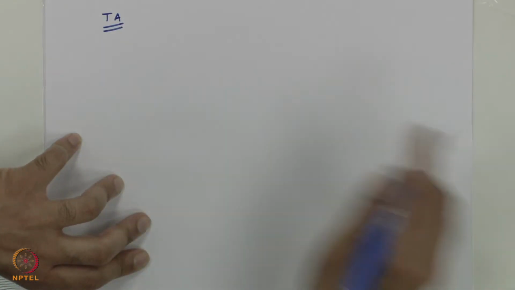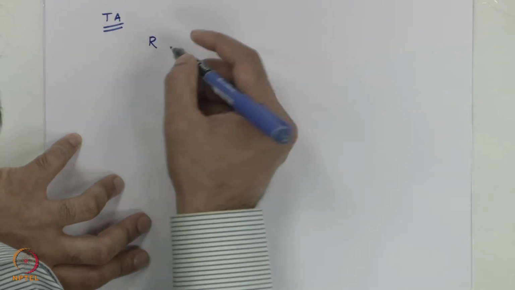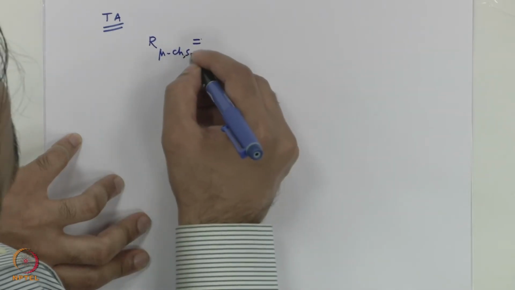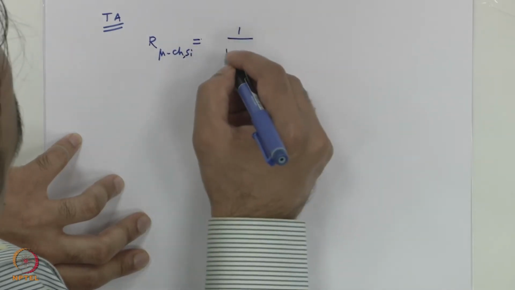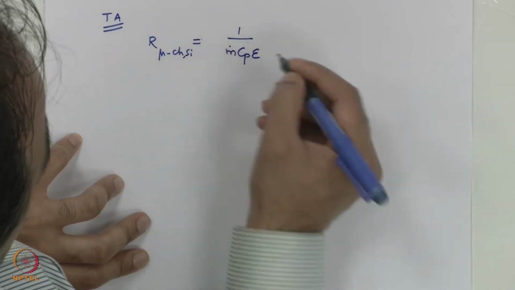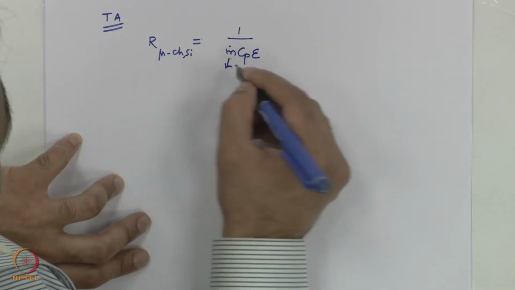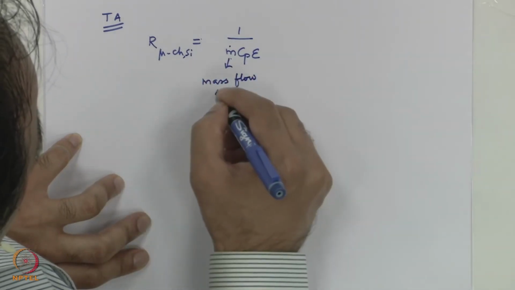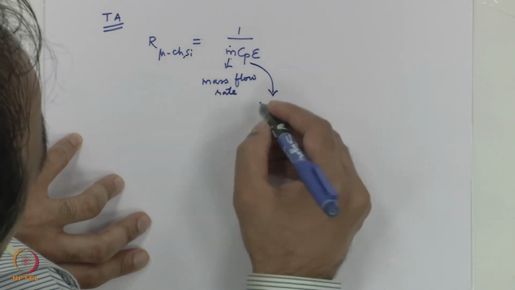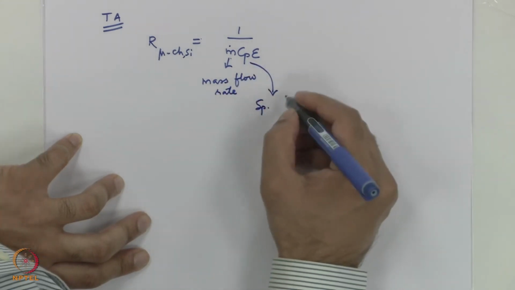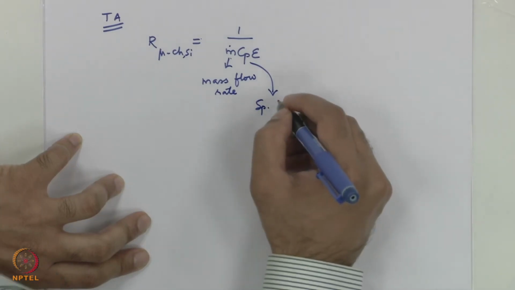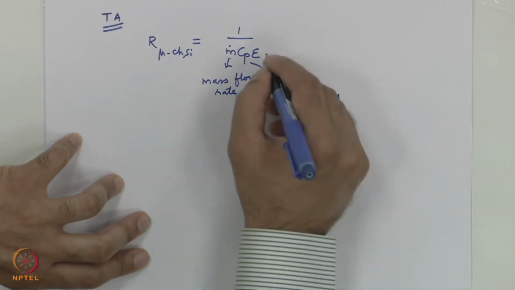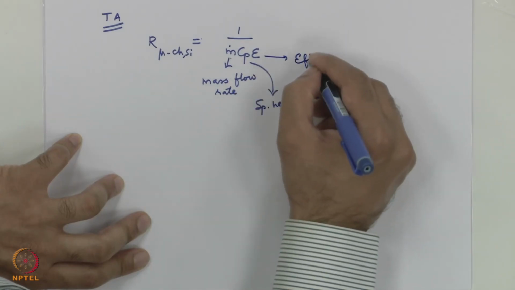For calculating the resistance of the microchannel heat sink, we need to use the expression 1 by m dot Cp into effectiveness, where m dot is the mass flow rate, Cp is the specific heat capacity, and epsilon is the effectiveness of the heat sink.